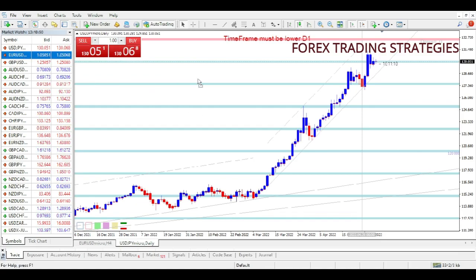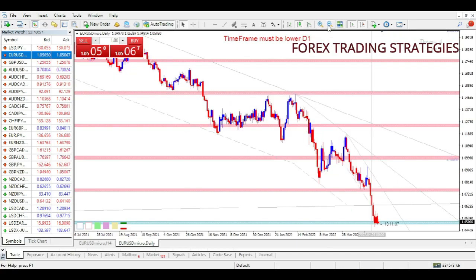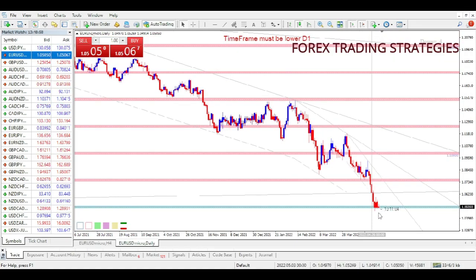If we go to another pair that I love to trade, which is Euro USD, it's basically the same story. See, we have created a perfect level there.